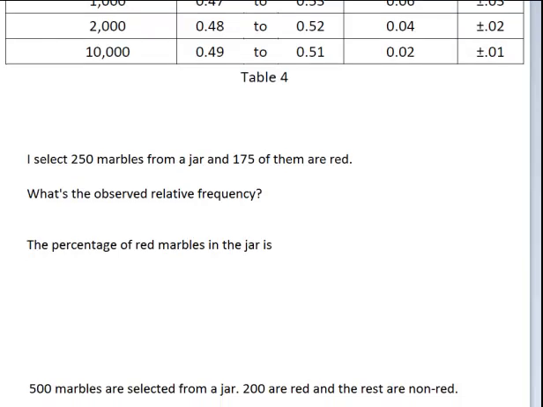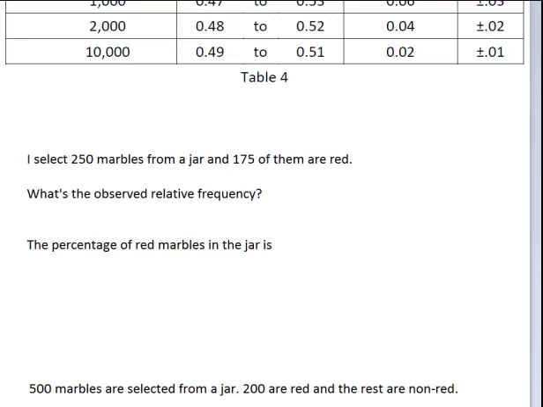This is the kind of thing that you use the table for. So let's say that I've selected 250 marbles from a jar and 175 of the marbles are red. So the first thing I need to do is figure out what the observed relative frequency is.